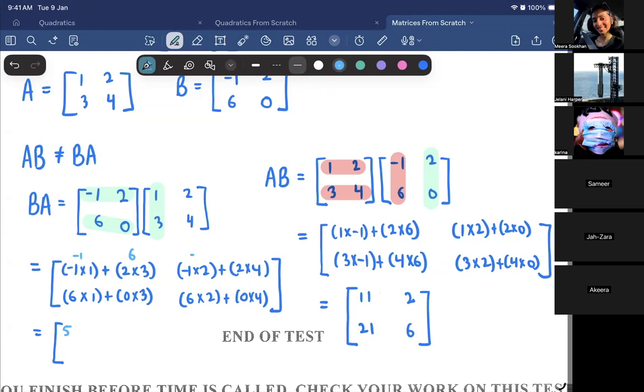Negative 2. Yeah, right? And then 2 by 4, 8. Where's negative 2 plus 8? Imagine you take 2 from 8. 6.